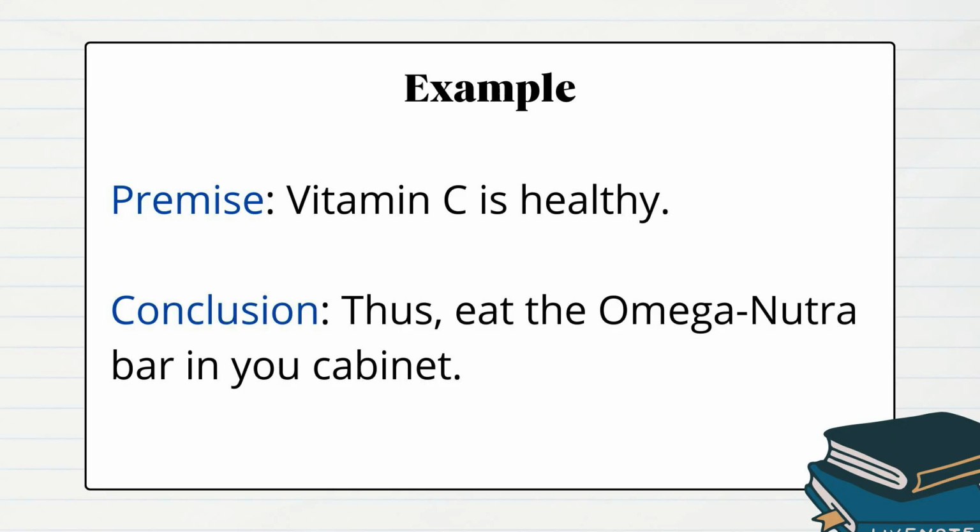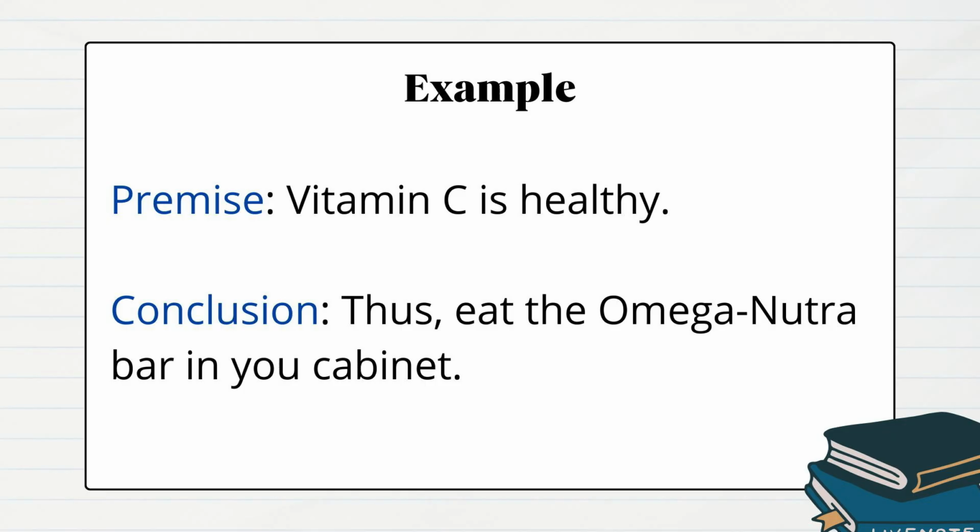You just produce it naturally, which also sounds a bit weird, but potentially it could happen. So the most obvious one is Omega Nutra bars actually have vitamin C, but it's good to remember that this is sufficient and not necessary because there's more than one answer. At the end of the day, we're looking for one of those, but there's different ways in which you could connect these two terms together. So that's the sufficient assumption.